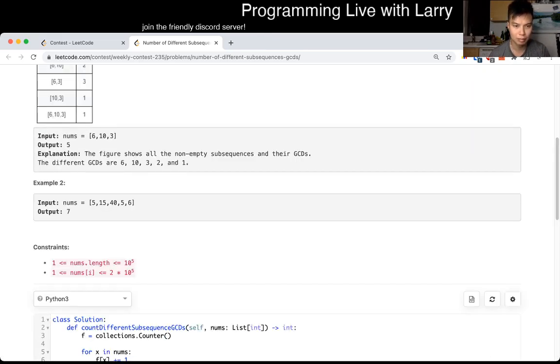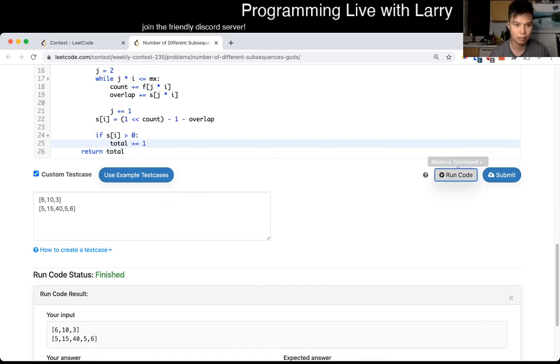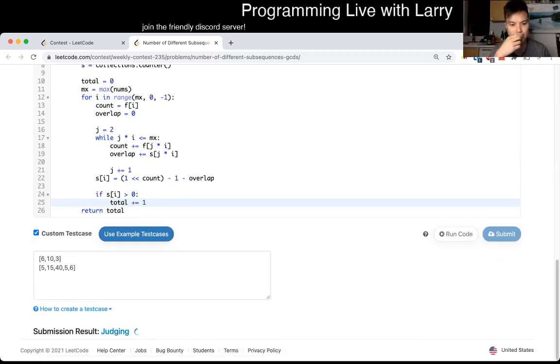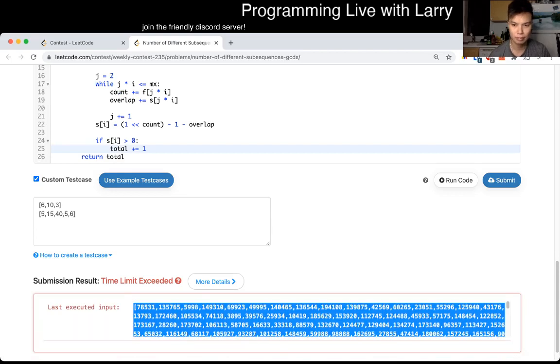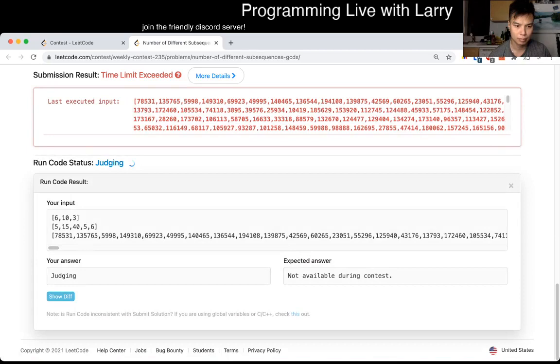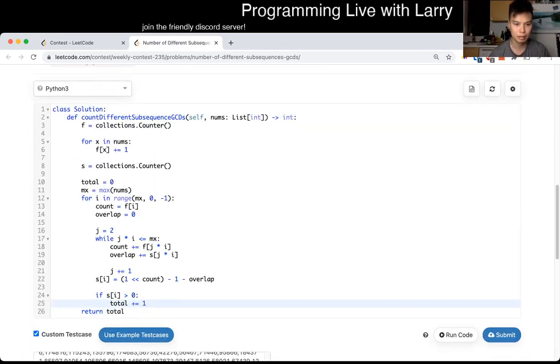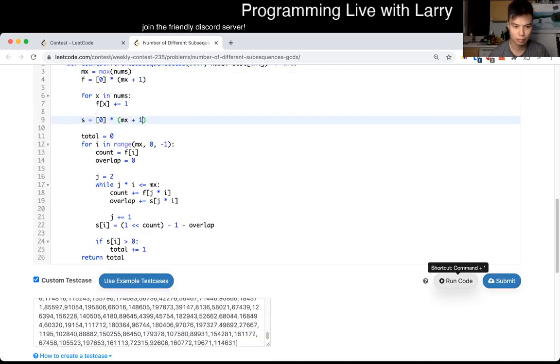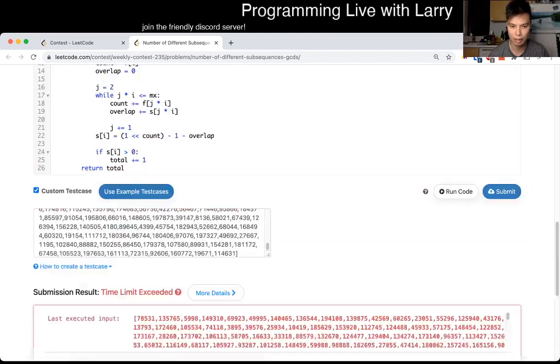That's not right. Oh, whoops. Too slow. Should be fast enough, but... And it's twice as fast.